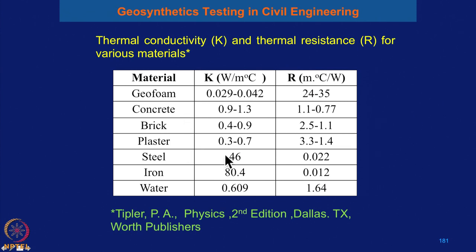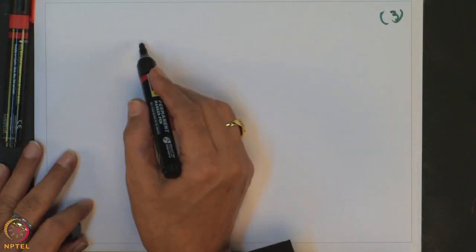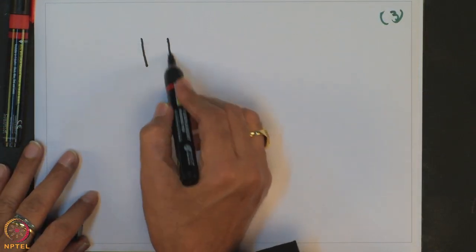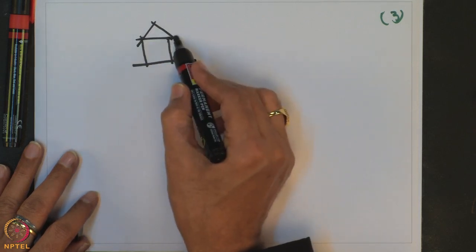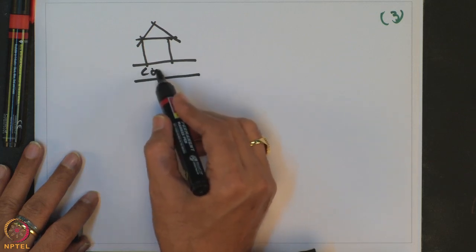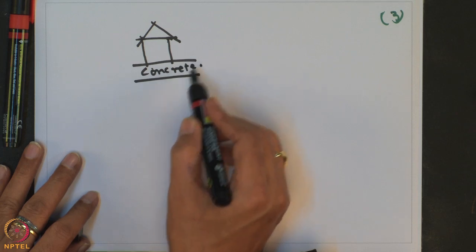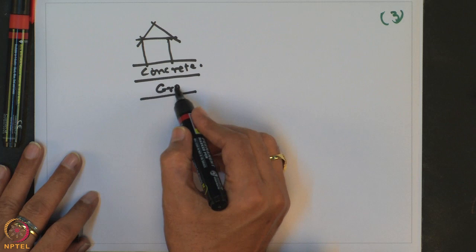I will show you one example of how you can determine the heat flow through a material. For example, you want to construct a house, and here the lower part is the concrete, and this part is the gravel.